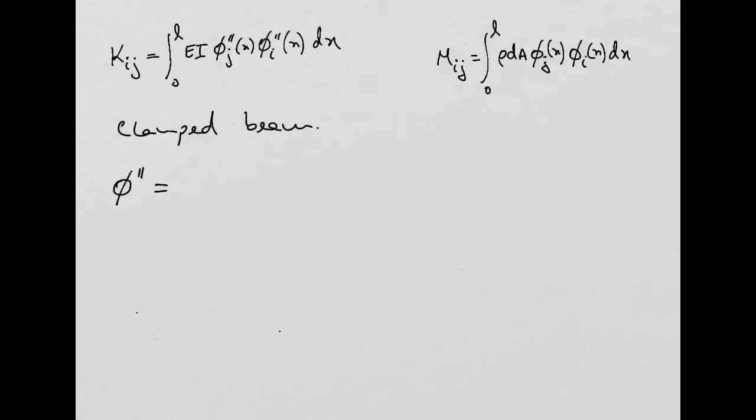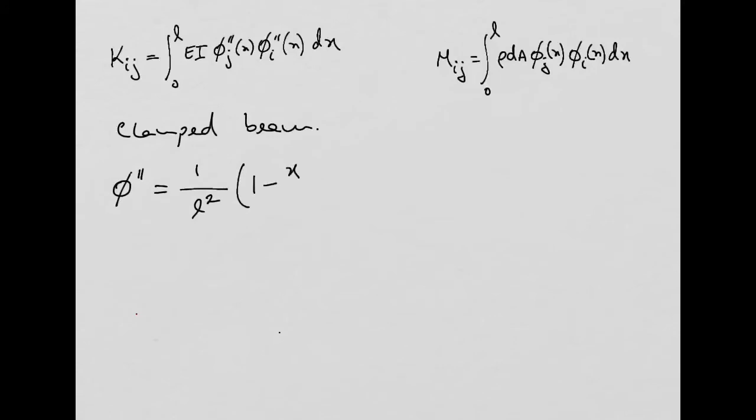Okay? And I'm going to select these shape functions here: 1 over L squared, where L is the length of the beam, then 1 minus x over L, squared, and then x over L with an exponent i minus 1.